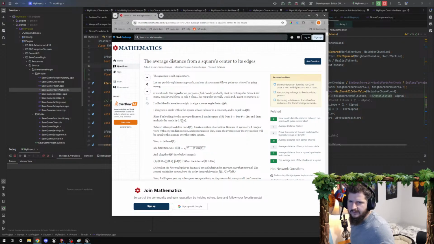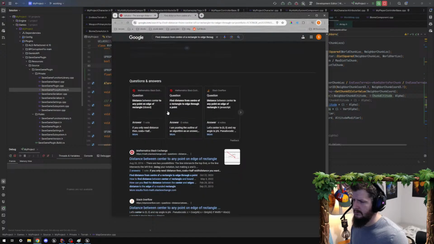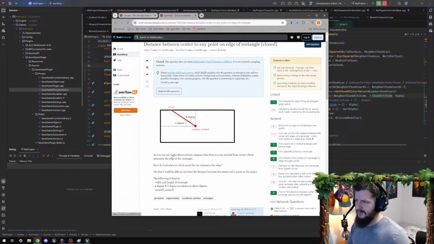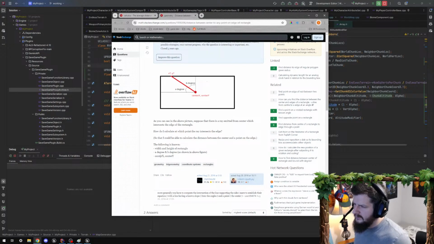There's a math stack exchange for find distance from center of a rectangle to edge through a point. Ooh. It's for general rectangles. I mean, should work though. Is this it? Ah, this does look right. Suppose that there's a ray emitted from a center.